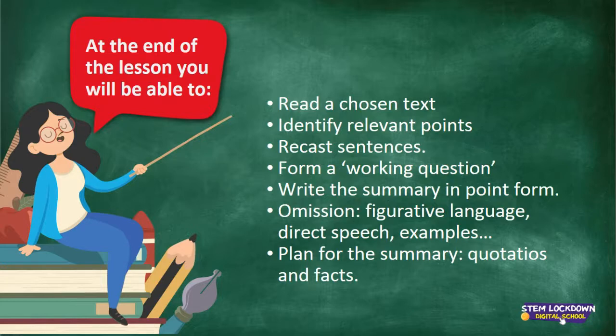So we will recast that quotation that we would have taken. When we are recasting, we are molding that sentence using our own words. And because we are summarizing, we are going to be using just a few words.